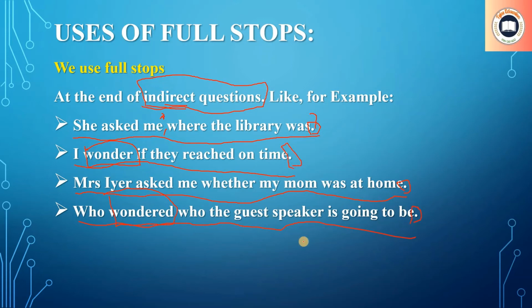If this were a direct question, then you know how it would be, right? You can make it: who is going to wonder who the speaker is going to be? But this is just an indirect question which ends with a full stop.